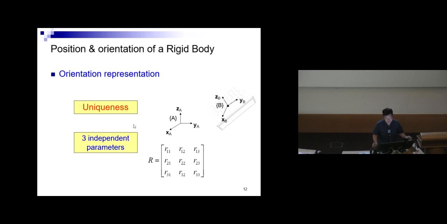And then you only have 3 independent parameters. So the orientation is the 3 angles. And then the matrix itself will have 9 elements, R11, R12, R13 to R33. Okay? So the rotation is only with respect to the 3 angles.